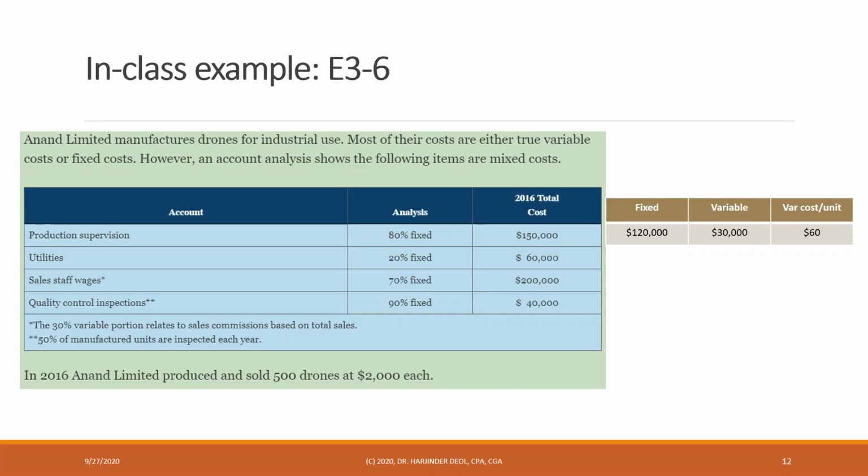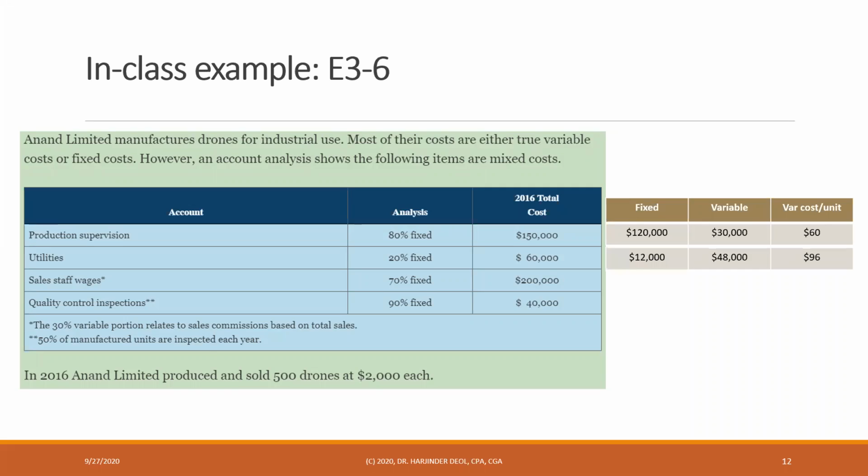So $30,000 divided by the 500 drones produced gives us a variable cost per unit of $60. The variable cost per unit is fixed, but the total would change. On the other side, with fixed cost, the total would be fixed, but the per unit amount will change based on the production or activity level.